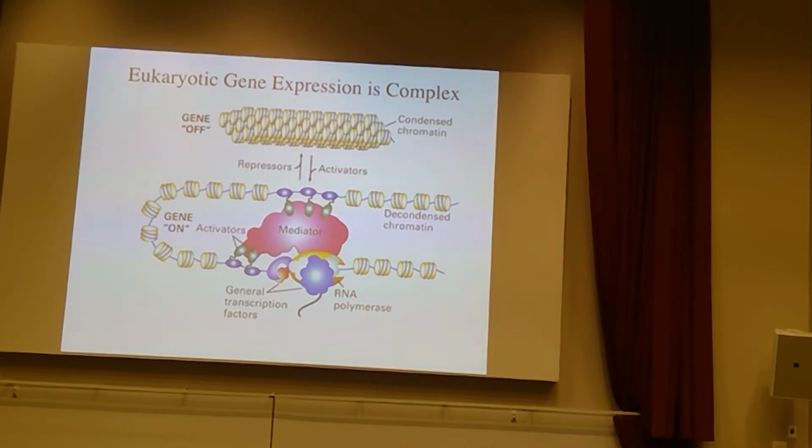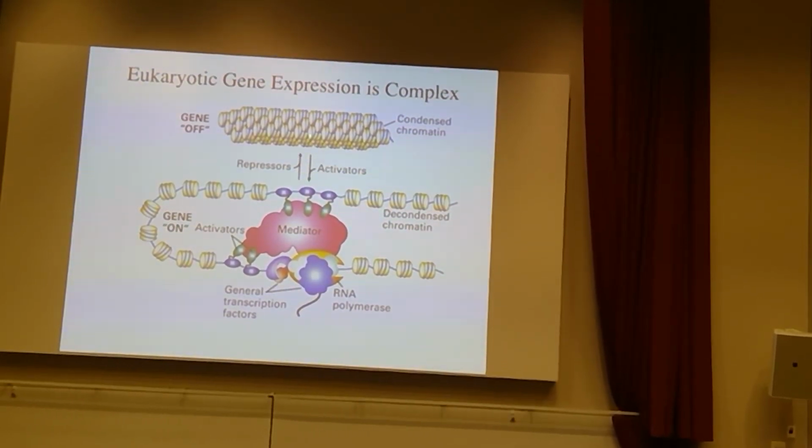Another aspect that makes transcription more complicated in eukaryotic systems is that the template, the DNA itself, is a lot more structurally complicated than in the case of a prokaryotic genome. We talked before about how the DNA in eukaryotic systems needs to be highly compacted in order to fit within the cell, and the role of histones in forming nucleosomes that allow that condensation.